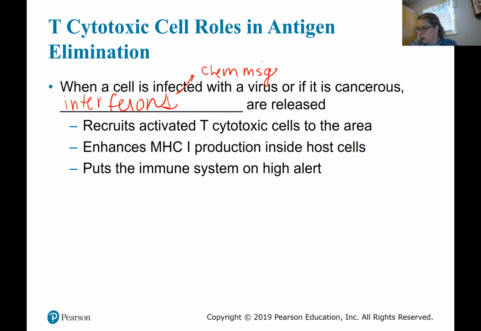Okay. Interferon also, by the way, is like if you've ever had the flu and you feel just really run down and achy and just really tired and just feel yucky, that's due to interferon.